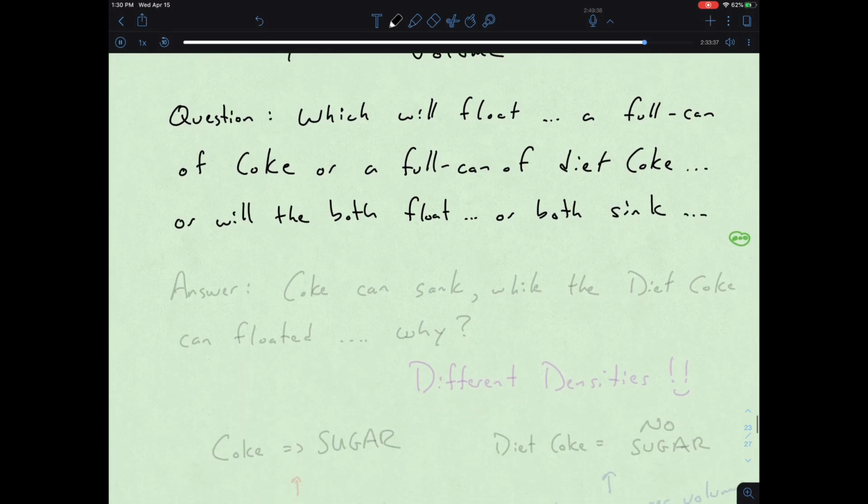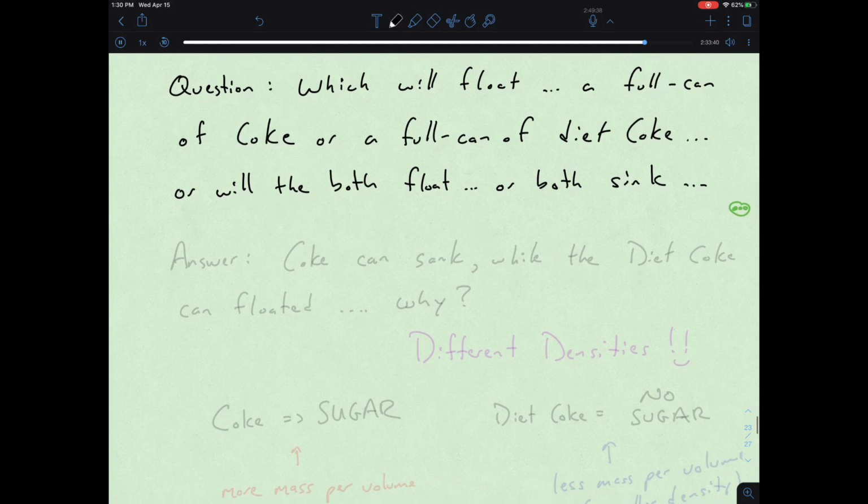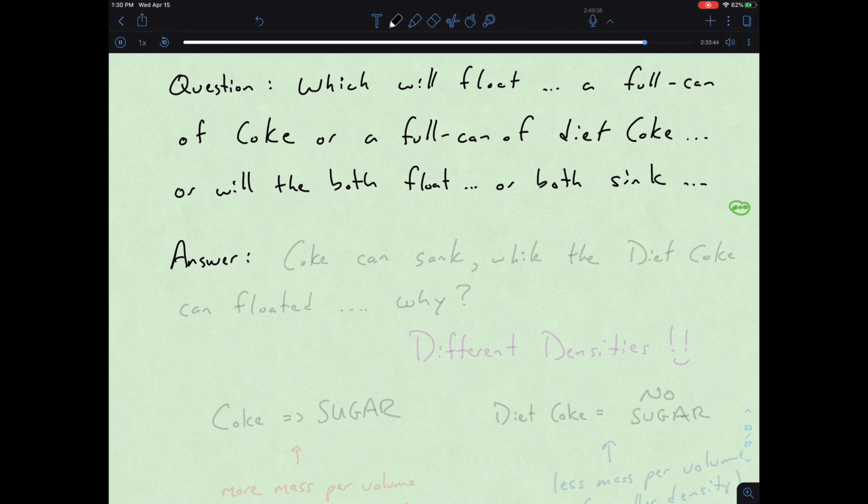All right, now we're back. Right, the answer is that the Coke can sinks while the Diet Coke can floats.